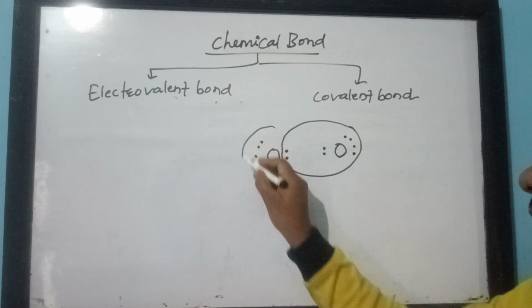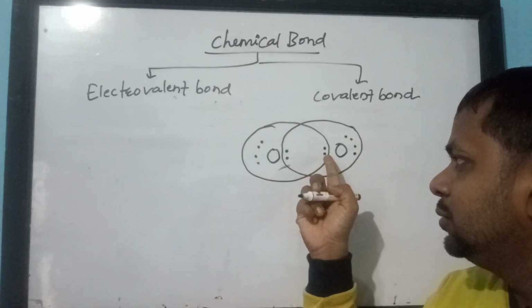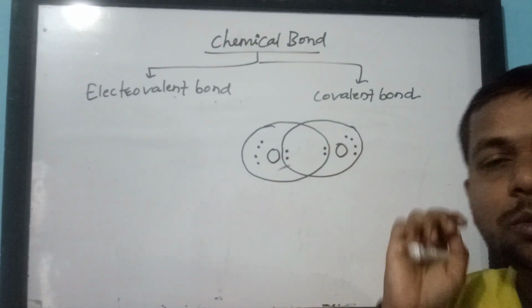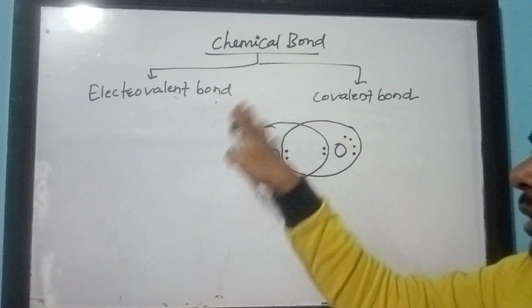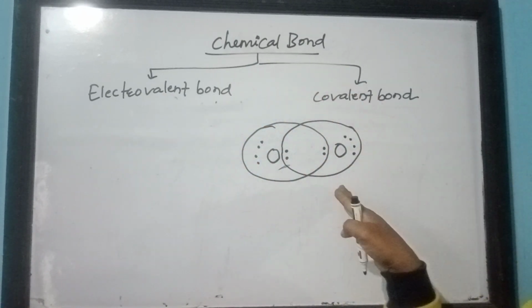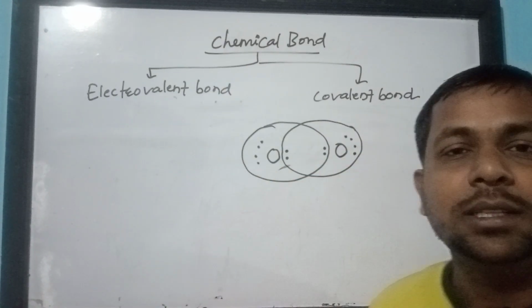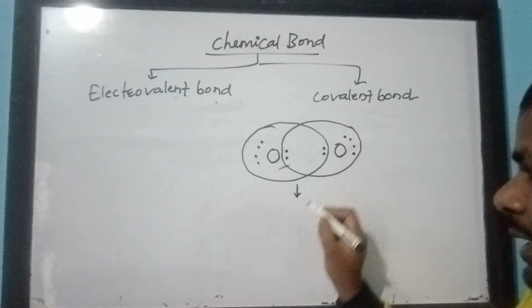So we can draw it like this. This 2 electrons is shared to this, and this 2 electrons is shared to this. In this way their octet is complete. This shared pair of electrons revolves around this atom also, and around this atom also. So its octet is also completed. So we can also represent this.